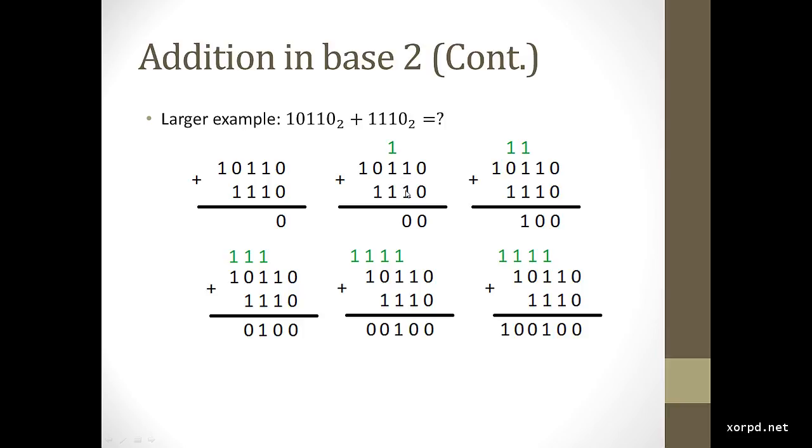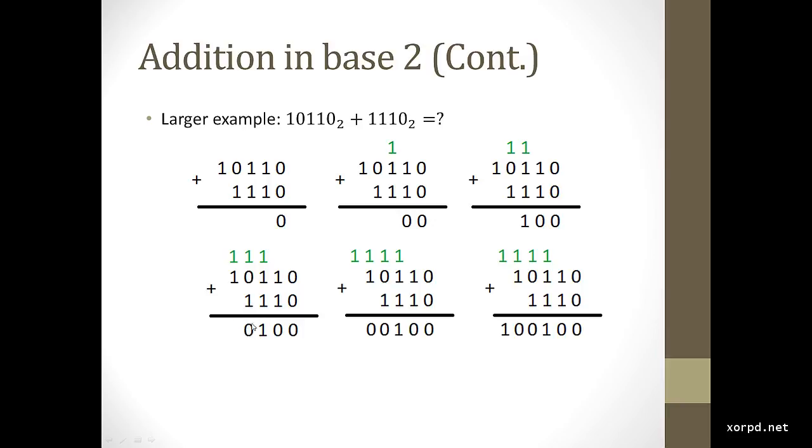1 plus 1 equals 10. So we put the 0 here and the 1 here. Next we add 1 plus 1 plus 1 and we get 11. 1 goes here and the other one goes here. Next we add 1 plus 0 plus 1, which equals 10.